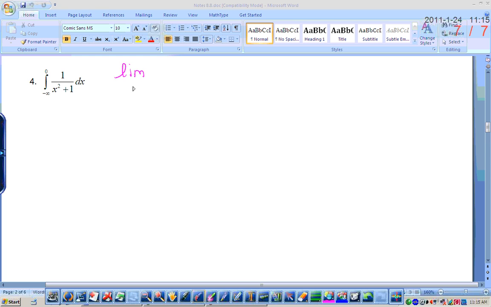Okay, this one's just a little bit different. This time, we're going to take the limit as a approaches negative infinity. And then we will integrate between a and 0, 1 over x squared plus 1. And you don't have to use a.